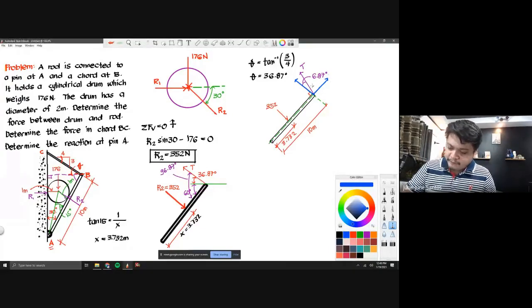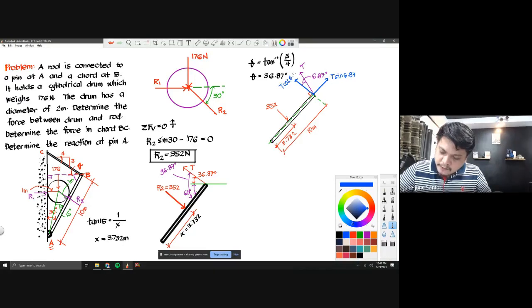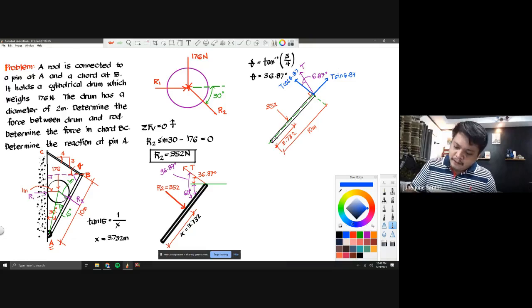So, this one would be T sine of 6.87, while this one would become T cosine of 6.87. Ngayon, pag nag-moment ako at point A, itong horizontal component niya or parallel component, walang moment yun kasi tumatama sa point A.